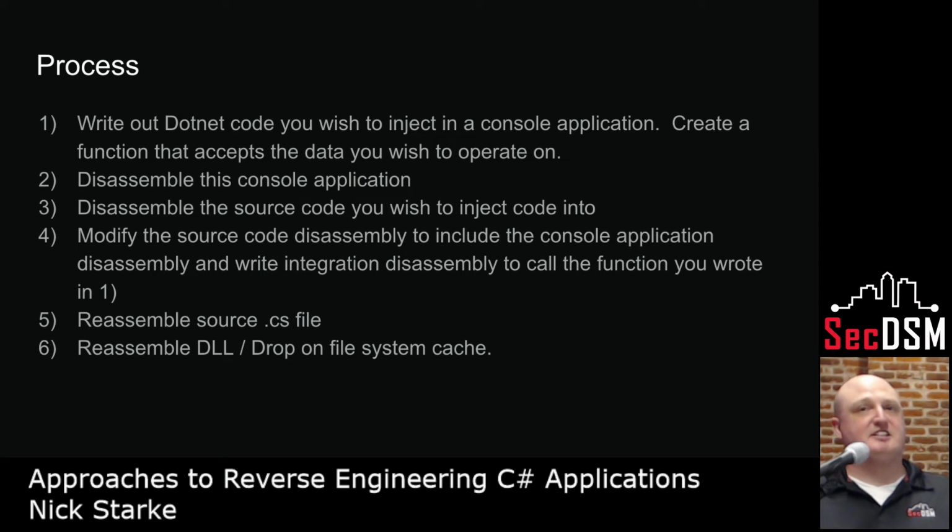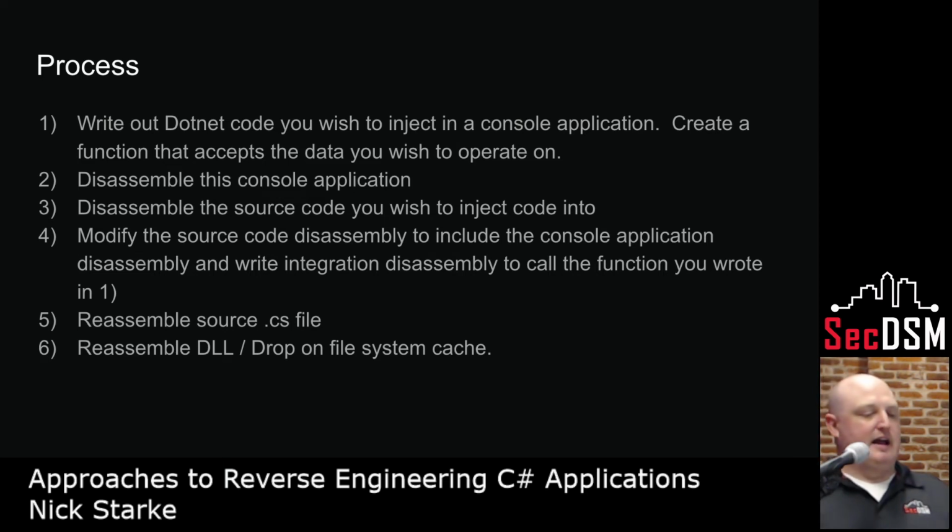Either write it to the file system or make a web request to some random server where I'm collecting all the passwords. So I take that function, I call it from a command line application, and I compile it. So now I have a command line application that has my function in it, that's being called from the main function, and I have the disassembly for it.